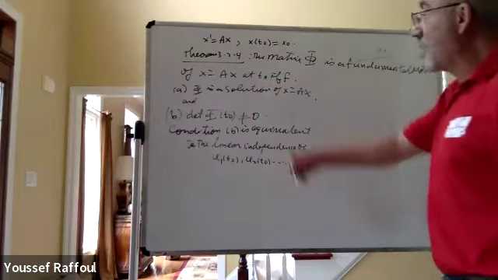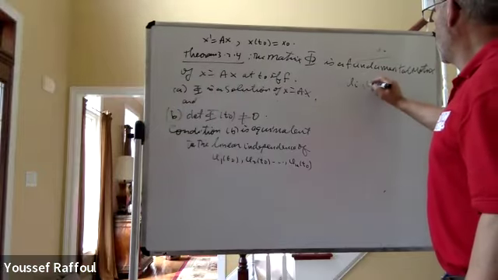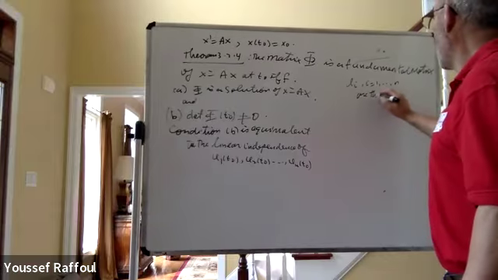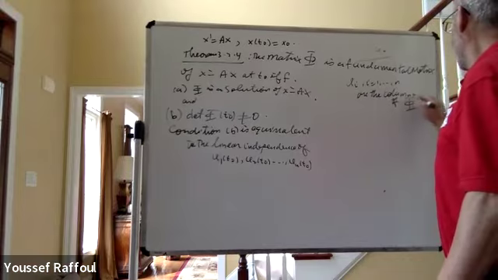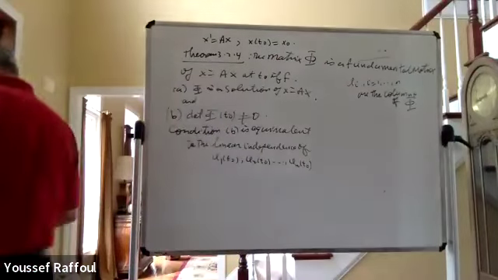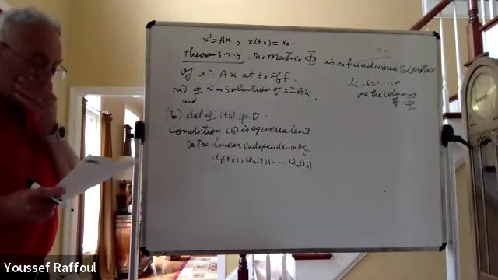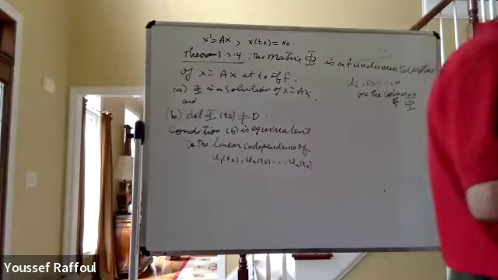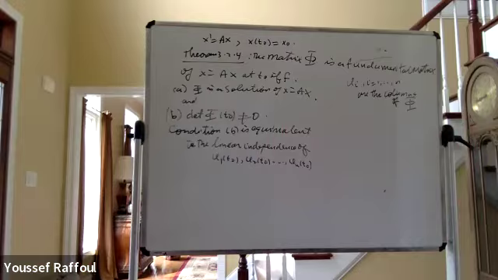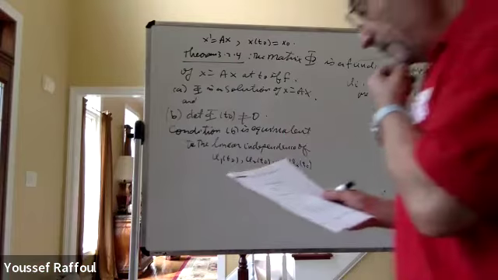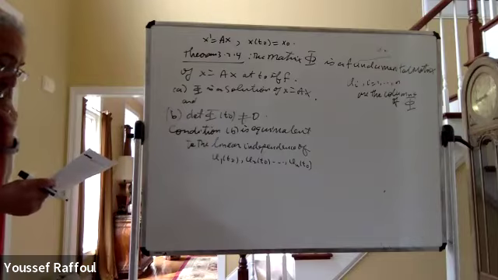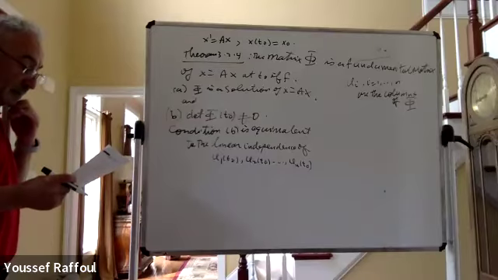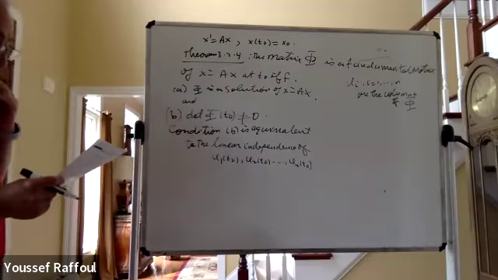And these phi i, for i equal 1 to n, are the columns of the matrix phi. Okay? All right.